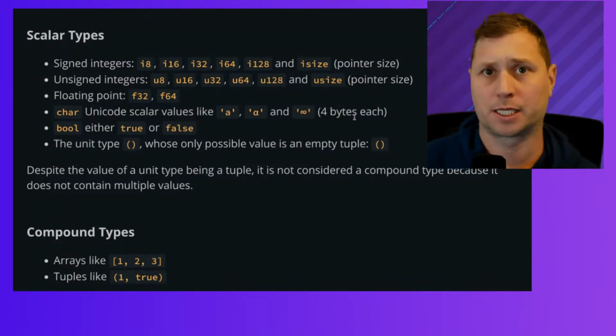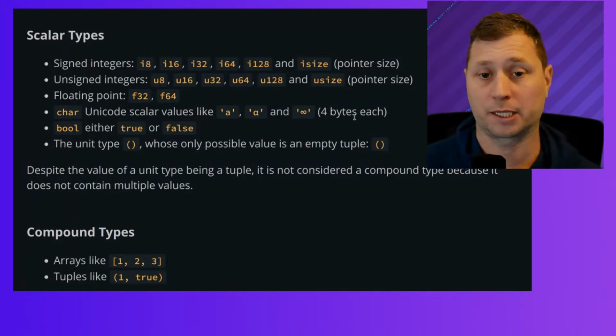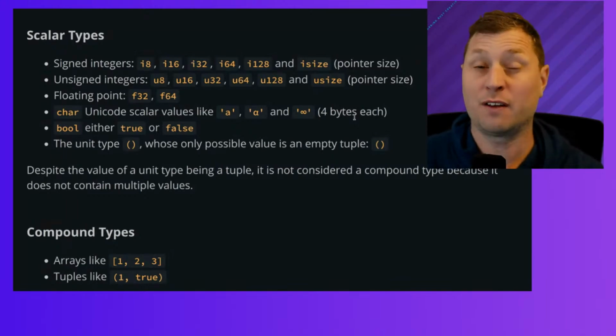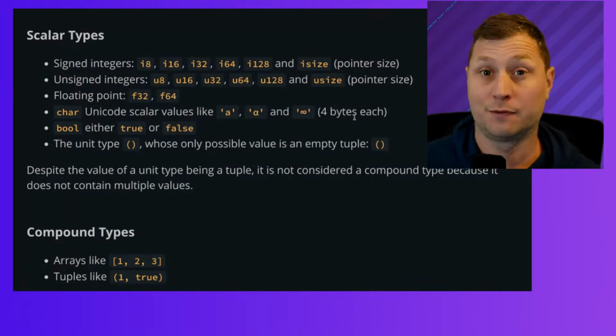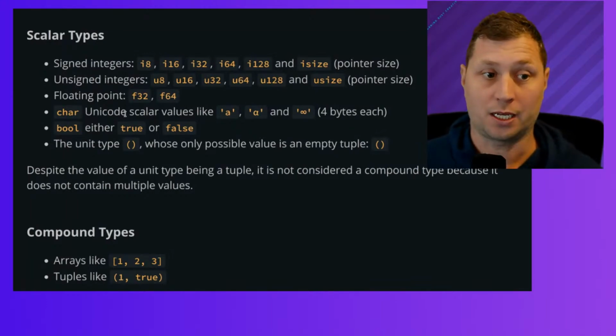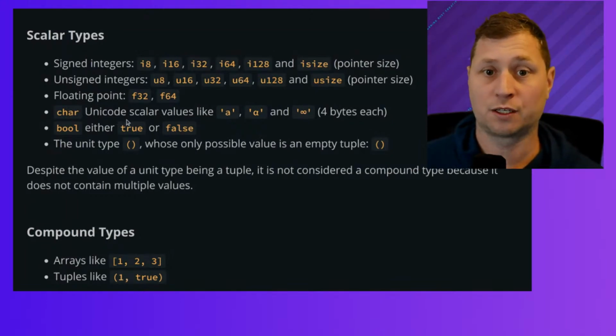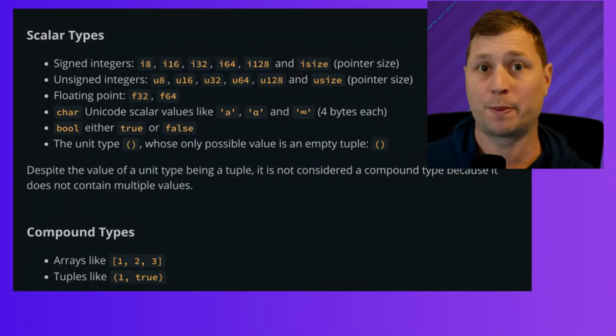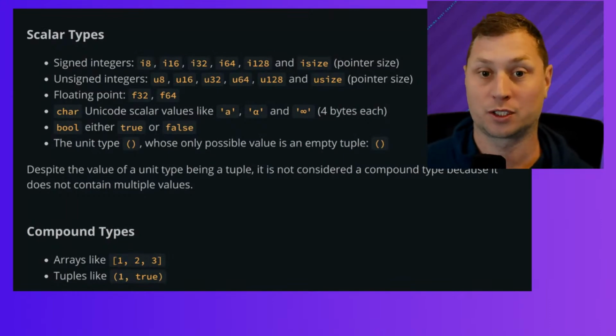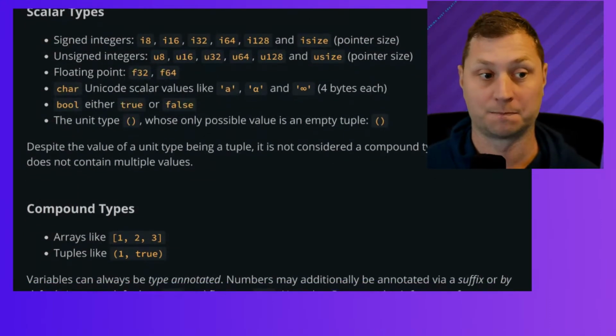Now, some scripts that humans use are much more complicated than Latin-based text, and so it's very fuzzy as to what an individual letter actually means. To deal with that, the character or char type is always 4 bytes wide. It's always 32 bits, which means that there are 4 billion different options available to your computer for deciding how to encode a specific letter.